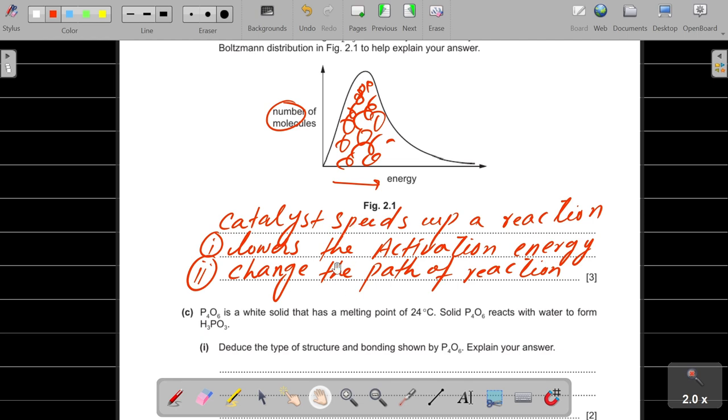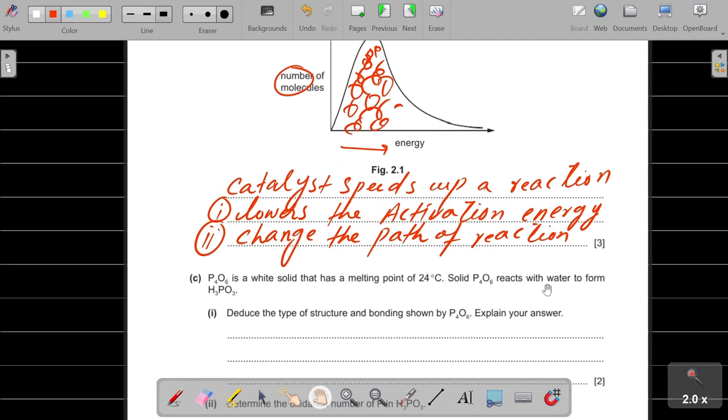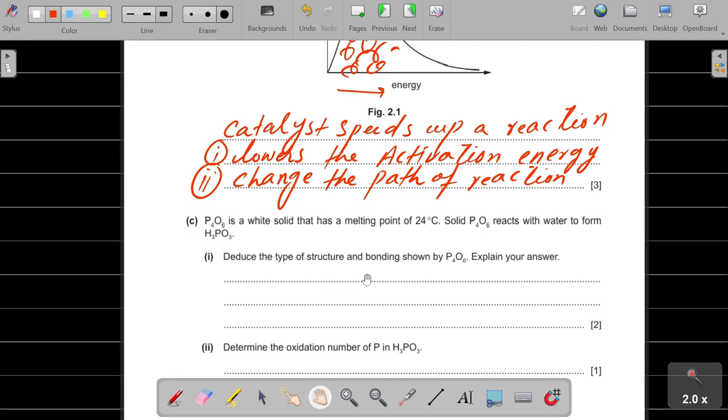So the next is phosphorus oxide, P4O6. It is a white solid that has a melting point of 24 degrees. Solid P4O6 reacts with water to form phosphorous acid. Deduce the type of structure and bonding in P4O6, and explain your answer. The first point is that it is a white solid with a melting point of 24 degrees, so it is a low melting point.